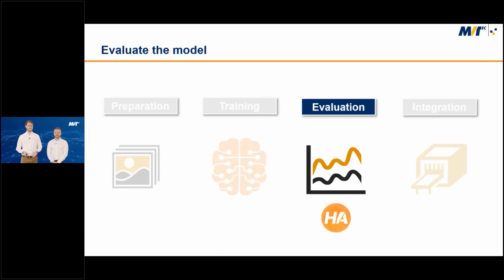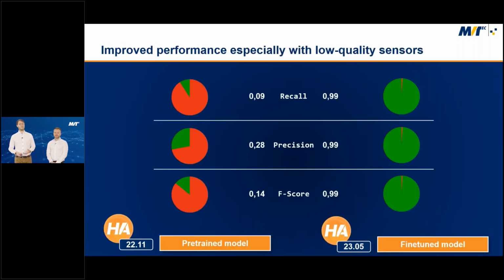The evaluation then again compares against the pre-trained gripping point detection. So it usually looks even stronger than with Deep OCR detection, because if you have a poor low resolution sensor, the results were not really good, but you can fine-tune it now and compare it against the pre-trained model, and you get a much better result.